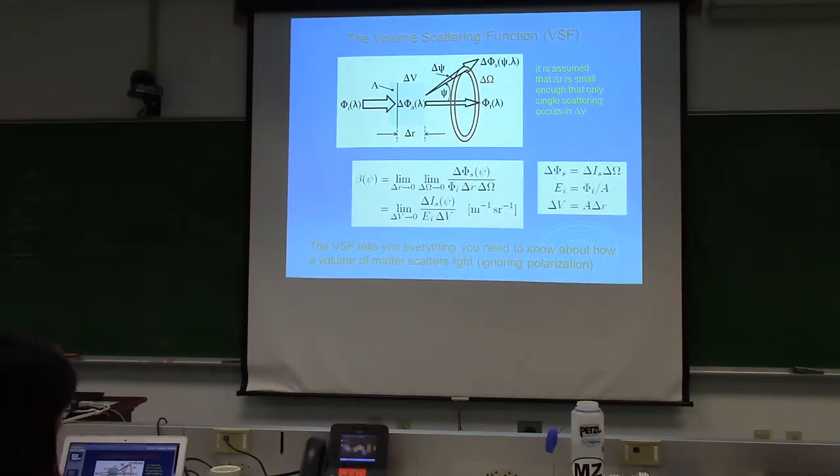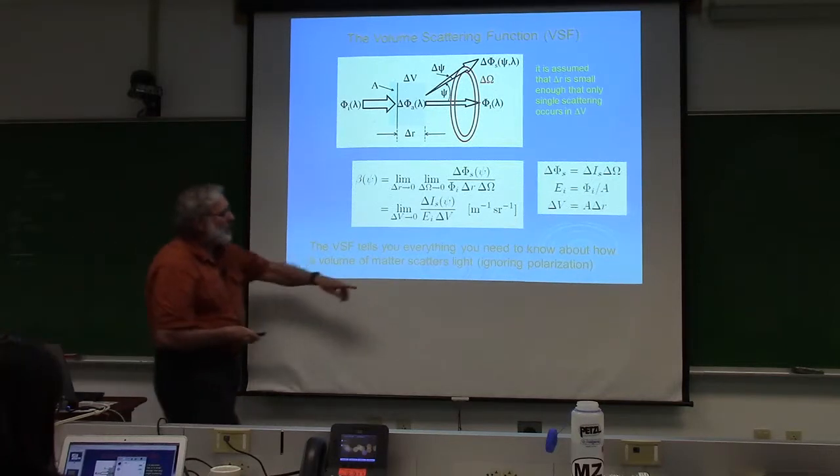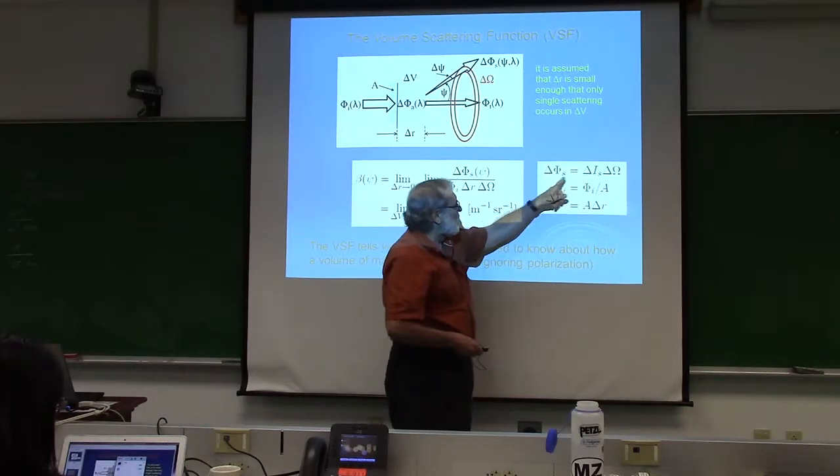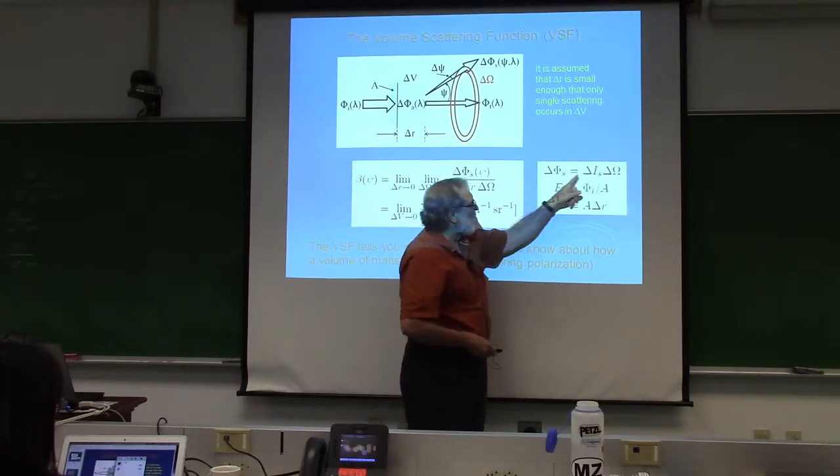And so you look at the power that's going out divided by how much is going into some little solid angle delta omega. So the intensity is how many watts are in there per steradian of solid angle per nanometer. And so here it is, intensity is power per solid angle.